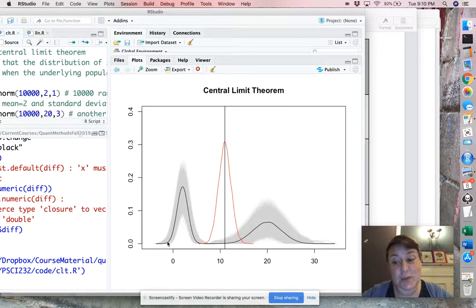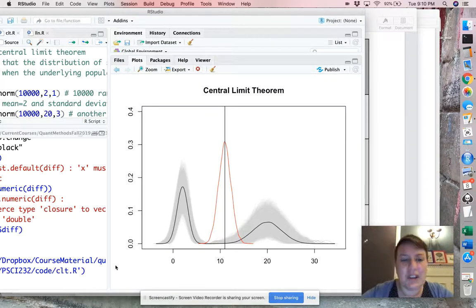And by distributed or distribution, I just mean what values are common in this data set. So along the y-axis, you see how commonly does each value appear. And on the x-axis, you see each value.